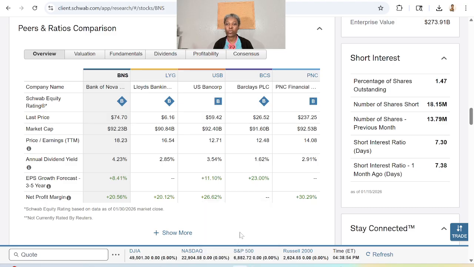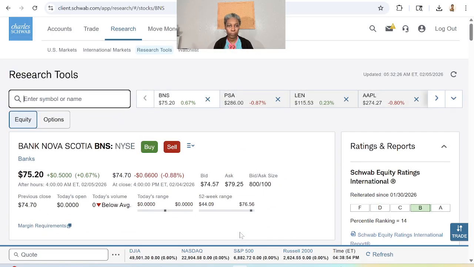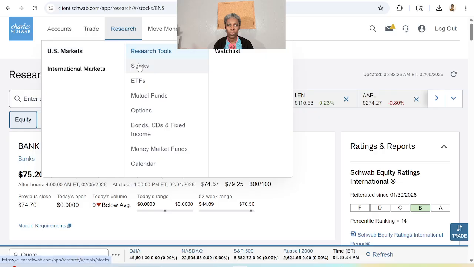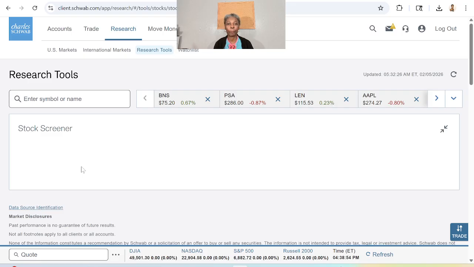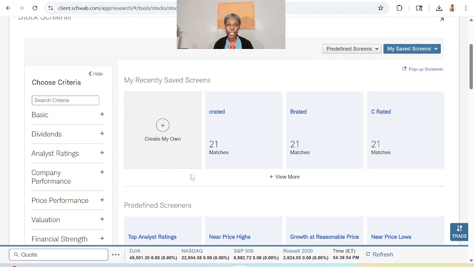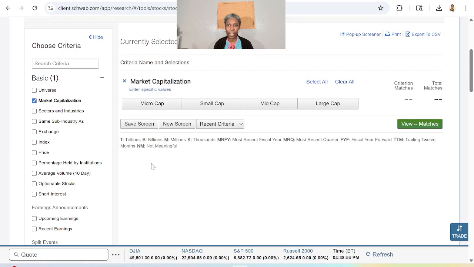If I'm trying to create a watch list of stocks, let's go back to search stocks, for instance. We can go to the stock screener, and here under basics I can choose the market capitalization.